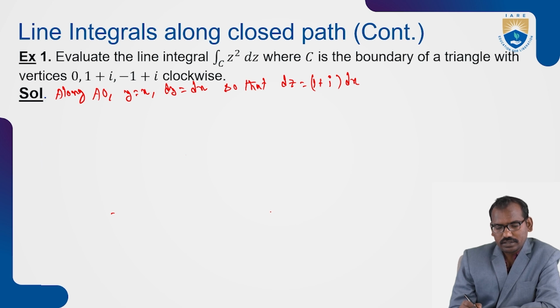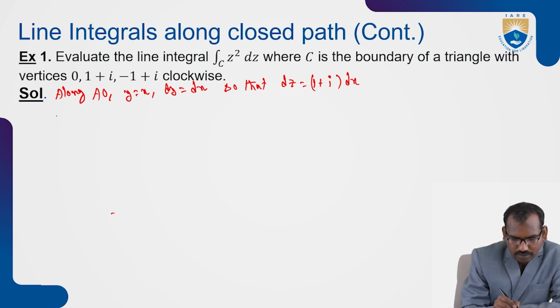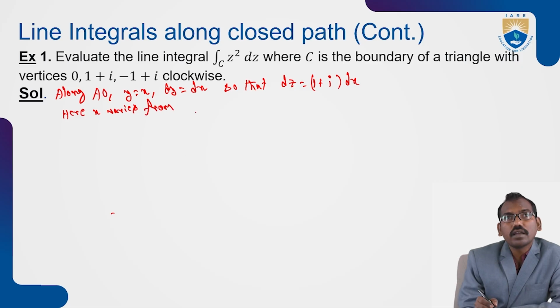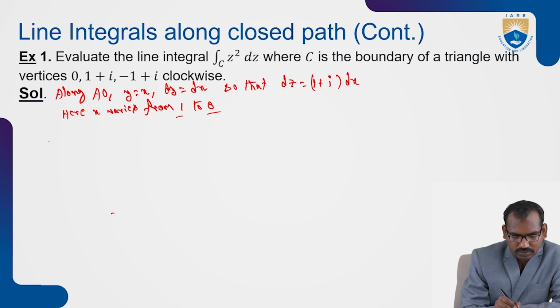Now here y comes in terms of x and dy also comes in terms of x. So we can check how x is varying. Here x varies from 1 to 0. Along AO you can identify the x variation is from 1 to 0.